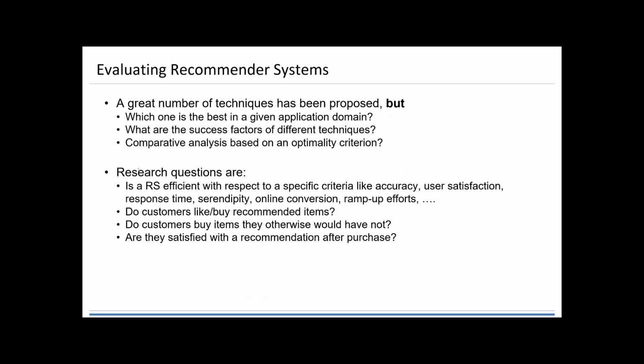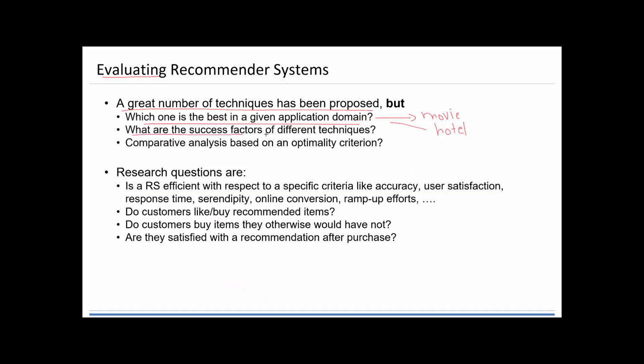When we want to evaluate a recommender system, there are many techniques, but we need to choose which one is best for the given application domain. In the movie domain, maybe we need one metric, but in another domain, let's say hotel recommendation, it will be other metrics.